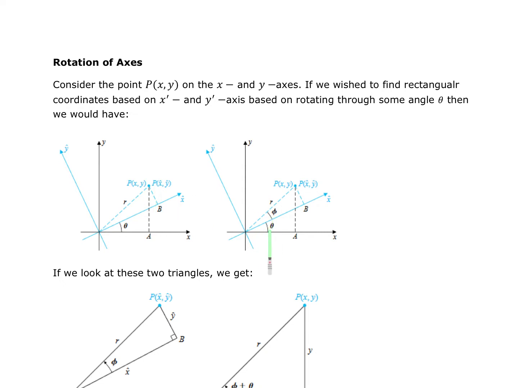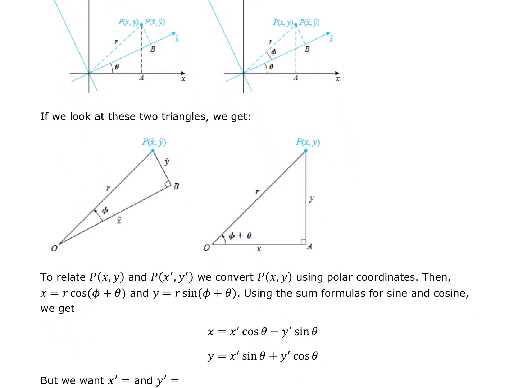So it looks something like this. This is still the angle theta, and then the angle from the point on the rotated axes to that point is called phi. If we look at those two triangles, this is the point x prime, y prime, this is our angle phi, this is the x prime axis, and this is our y prime value.